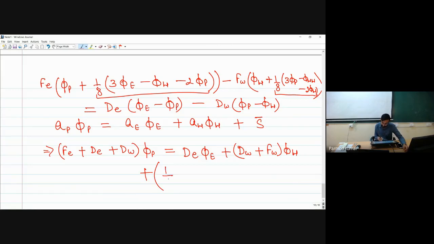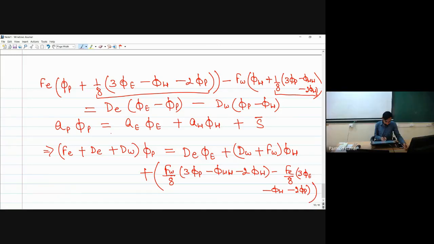So this quantity becomes plus FW divided by 8 into 3 phi P minus phi WW minus 2 phi W, and then I will be having one more term, minus FE by 8 times 3 phi E minus phi W minus 2 phi P. Is this point clear, what I have written over here?